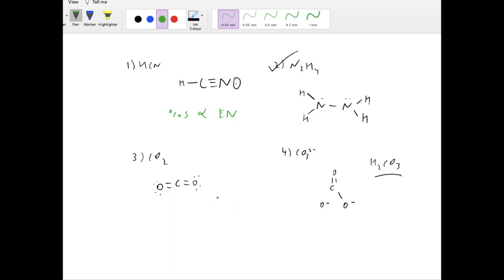There's an energy diagram where sp3 would be here, sp2 would be here, sp would be here, and it's for all elements like C, N, O, F. I'll try to link it in the description, or it will be available on our Discord server.